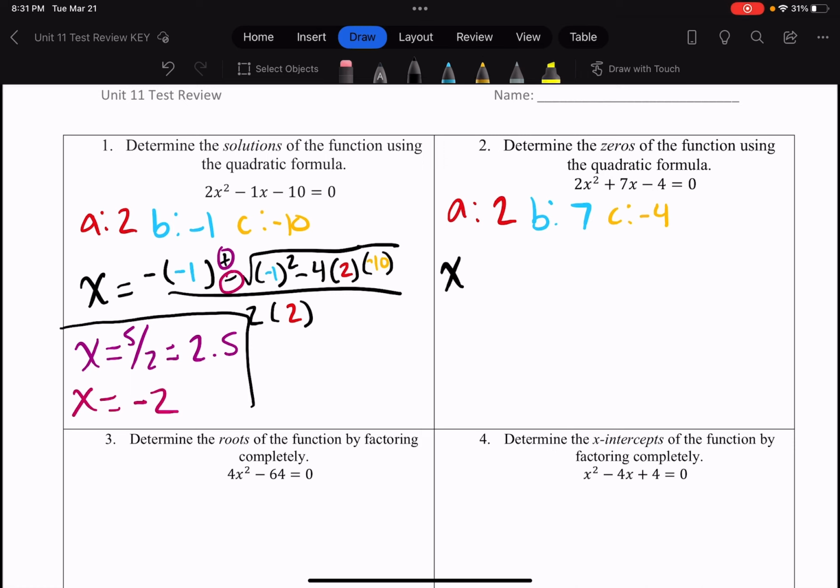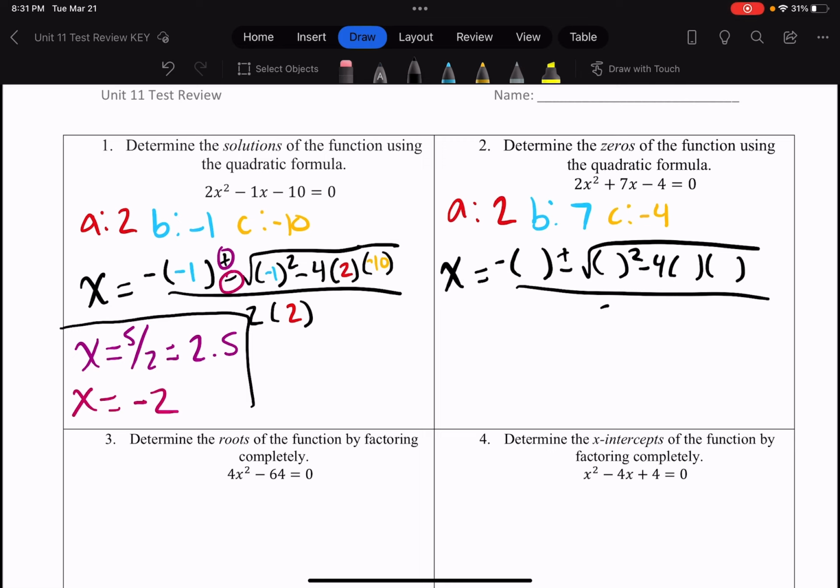So I can rewrite this as x equals -b, so in this case -7, plus or minus the square root of 7 squared minus 4 times 2 times -4, all divided by 2 times 2.